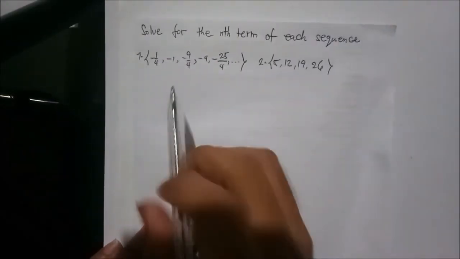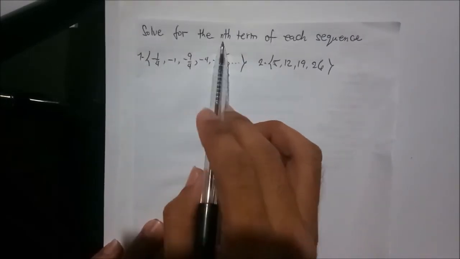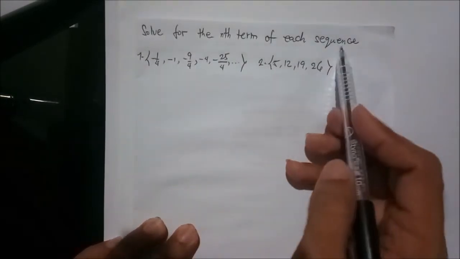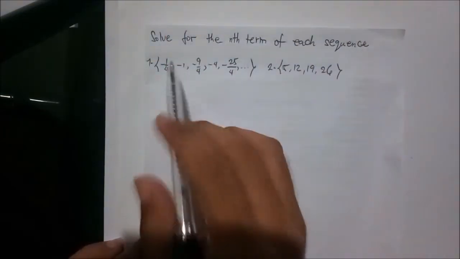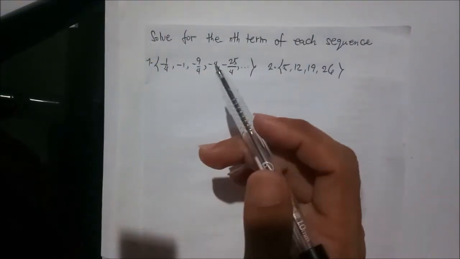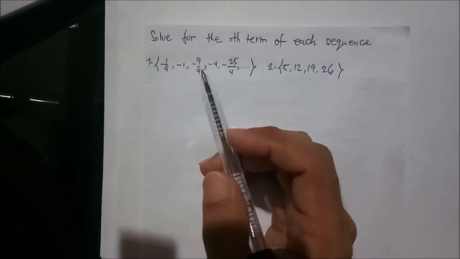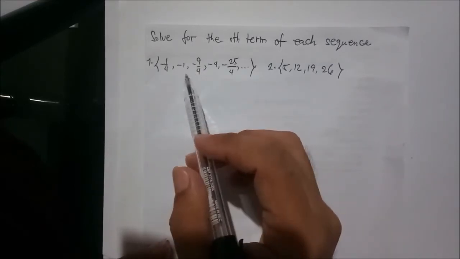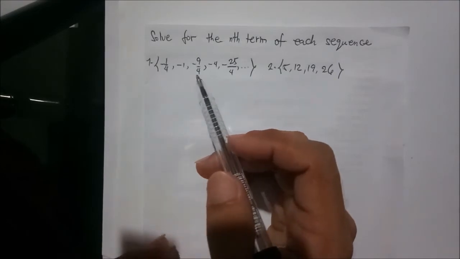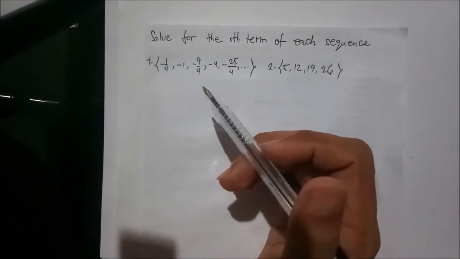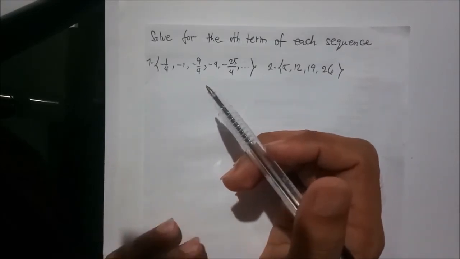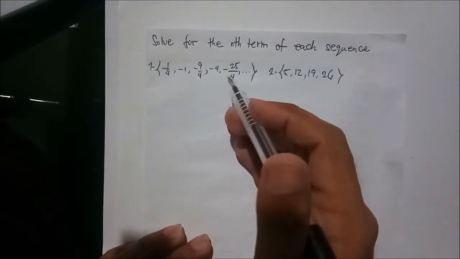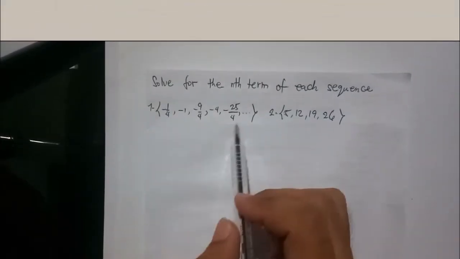So now let's proceed to the next activity. Solve for the nth term of each sequence. From the first question, observe the sequence. What is the pattern of this sequence? You need to identify or predict what is common in this sequence.